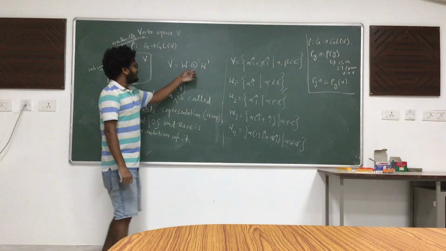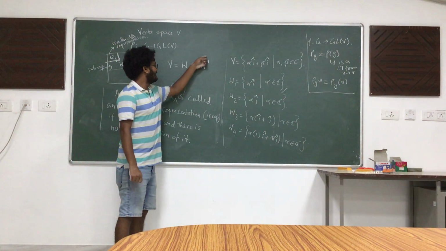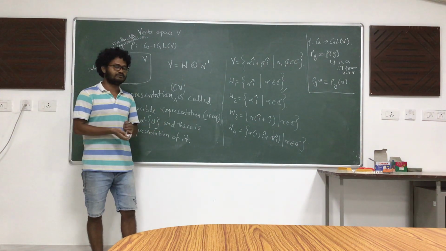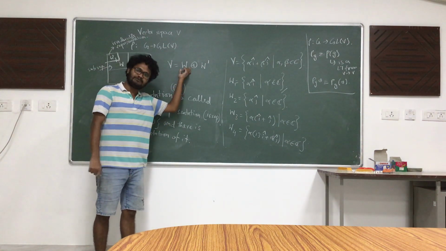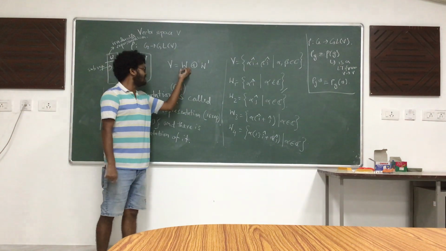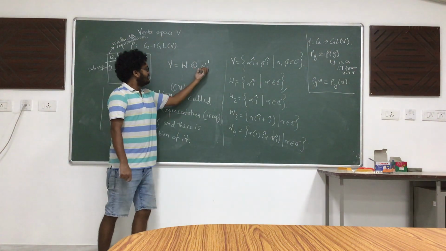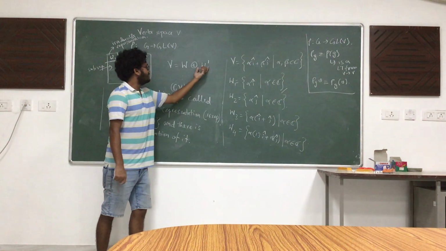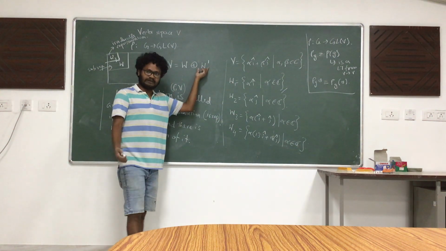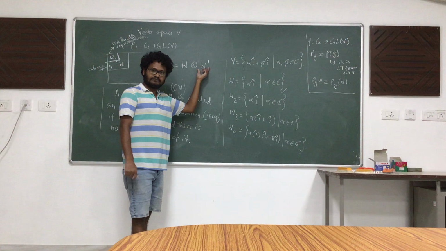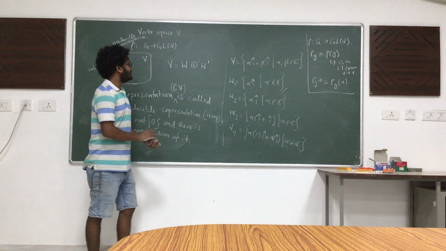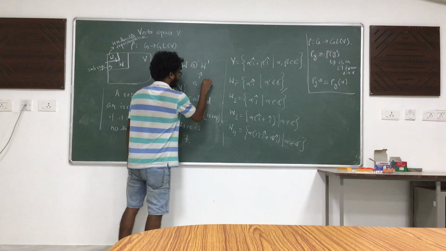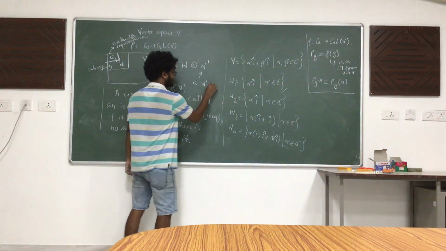And also we have seen that this W prime may not be unique. So we found a subspace which is a sub-representation, stable under the action of G, and we find some W prime. Now the goal will be to check whether W prime is a sub-representation.